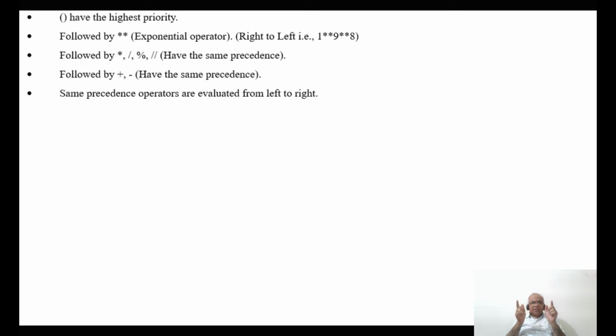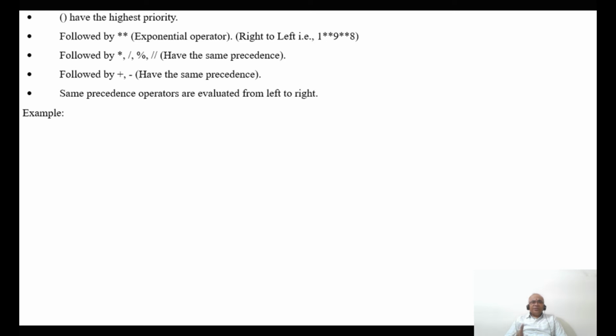As I told you, the parenthesis will have the top priority, followed by exponentiation, which is evaluated from right to left. If you have an expression like 1 double star 9 double star 8, how will it be executed? From right to left. So first it will take 9 to the power of 8, and that means 1 to the power of 72.